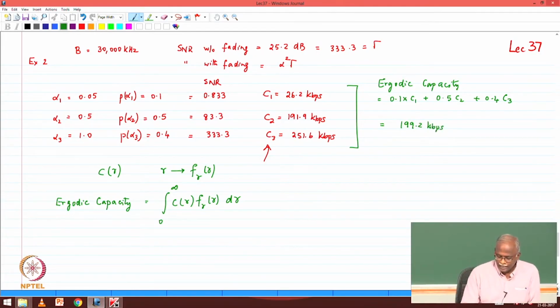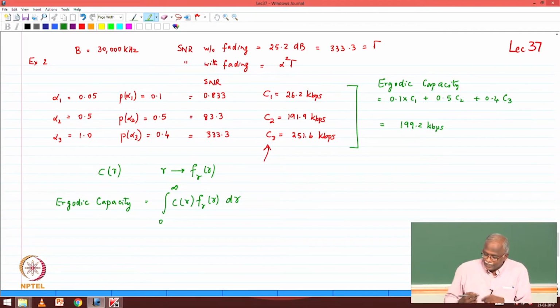Now the reason the bad channel did not dominate or cause a significant degradation was because the probability is less. It's only 10% of the time, so it did pull down the overall capacity, but the better channels tended to dominate, and therefore we got a good number.